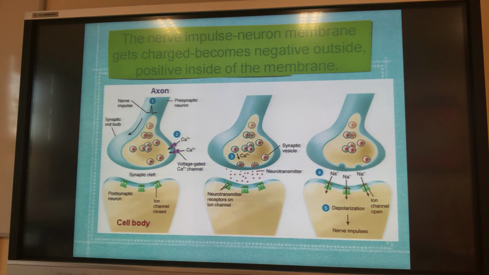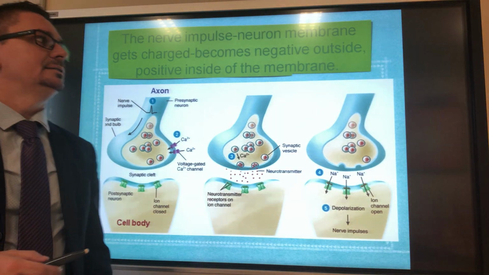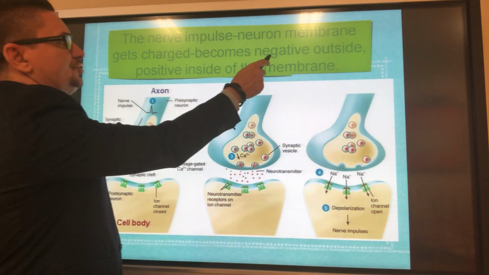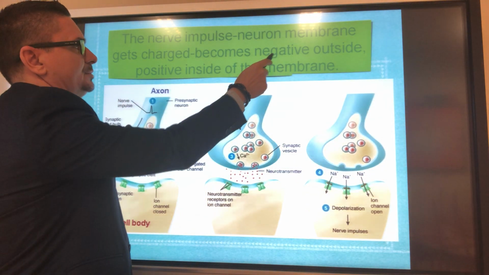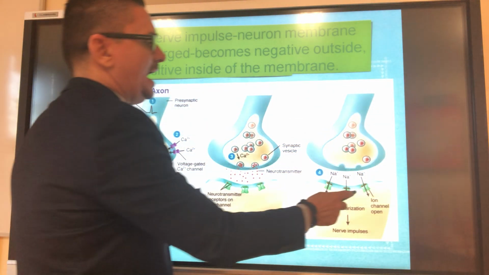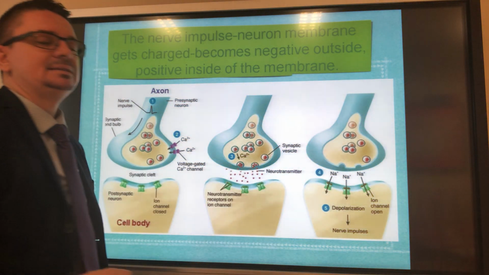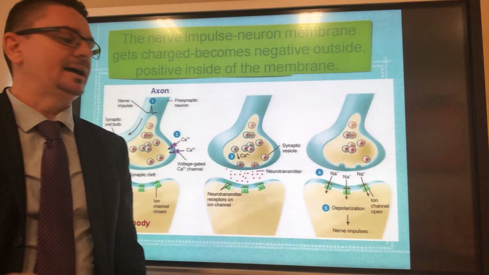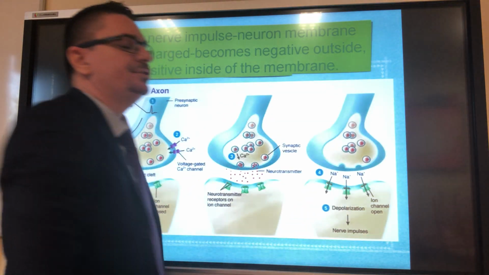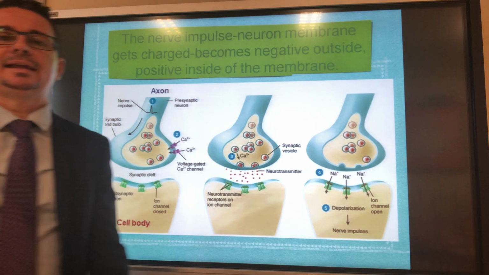But this membrane can become negative. The charges can become negative outside if there's a stimulus arriving there, because the ion channels can open up and the sodium positive ions can go inside and the inner part of the membrane gets positive while the outer part gets negative.